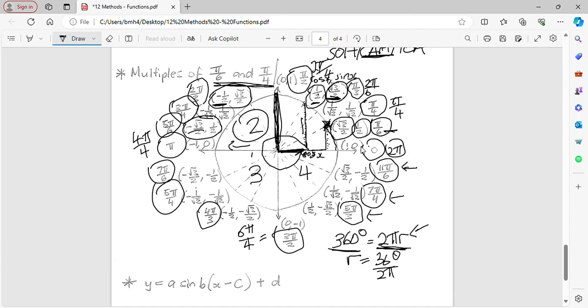And then 4 pi on 6 is in the second quadrant. The big part is going to be the sine value. The small part is going to be the cosine value. But cosine in the second quadrant is negative, so it's going to be negative a half, and it's going to be positive root 3 on 2. So you can do it in your mind if you memorize the unit circle for all of these ones.